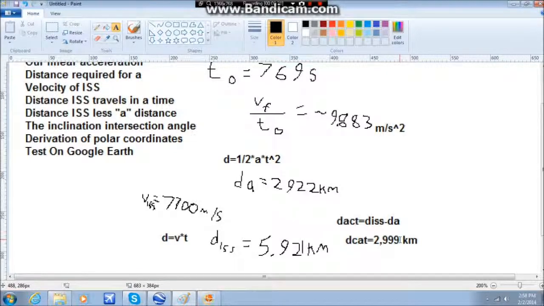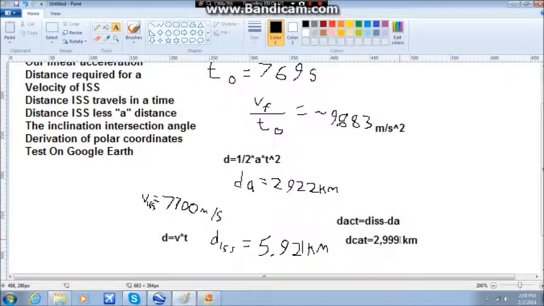And this number doesn't really help much because you're constantly tracking the position of the ISS, not the position relative to you. So we have to translate that now to a grid, and because the Earth is round, it has to be a polar grid.